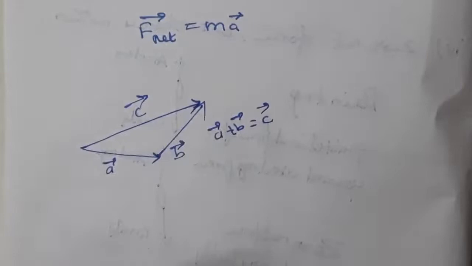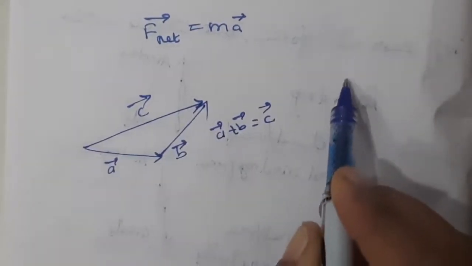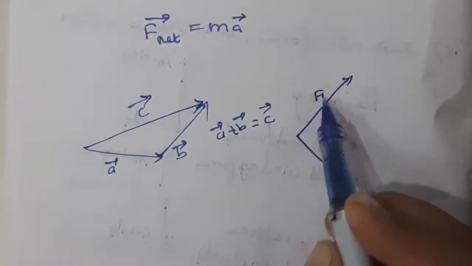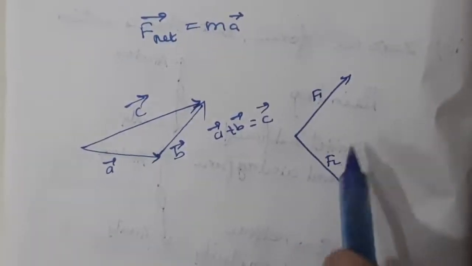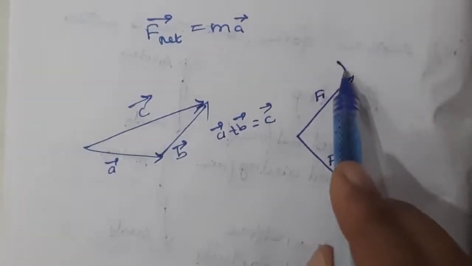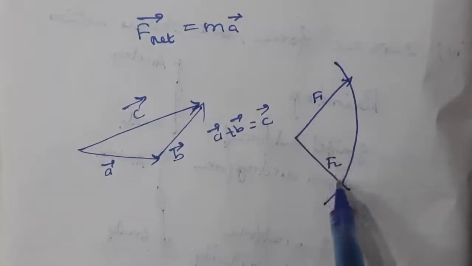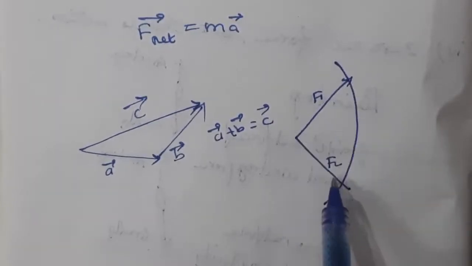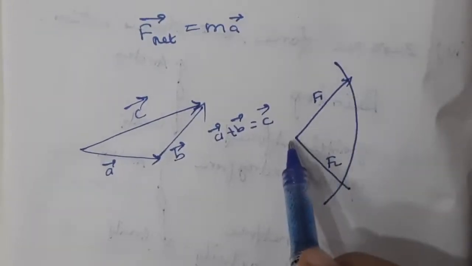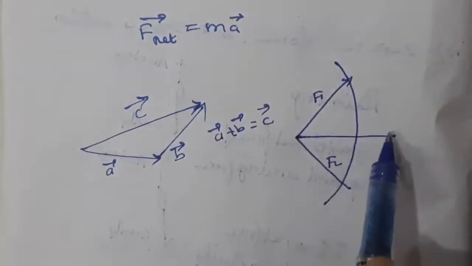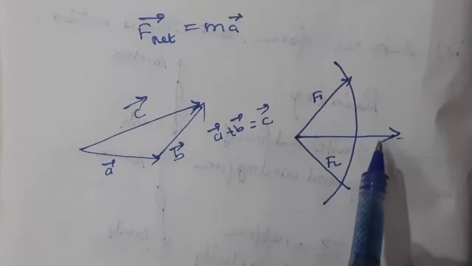Example, bow and arrow. There are two forces, one acting in this direction and another acting in this direction. In the bow and arrow example, we can consider these as the string forces. When the two string forces are acting in these directions, the arrow goes along this direction.